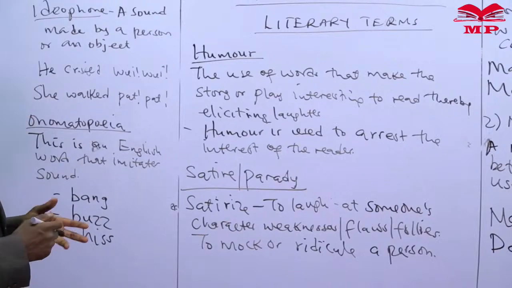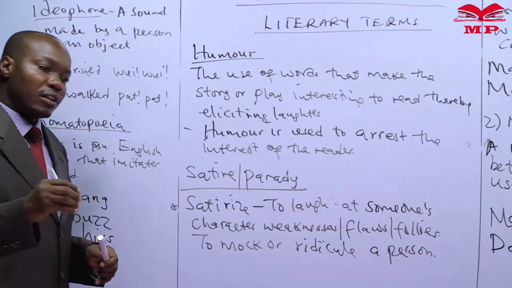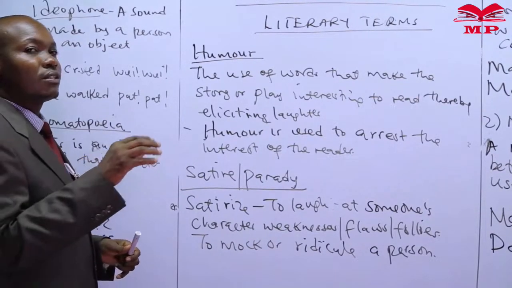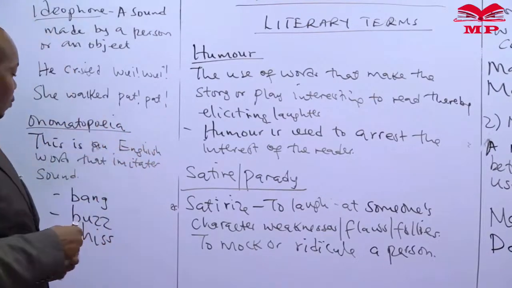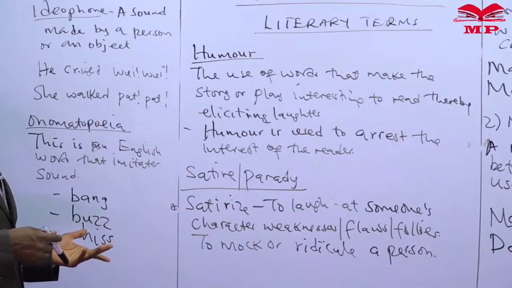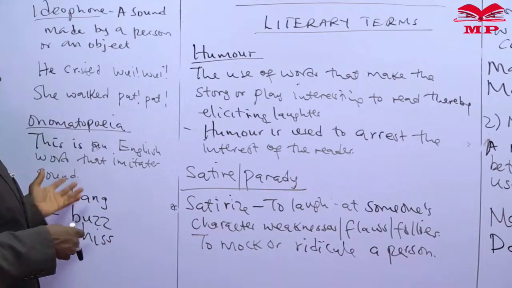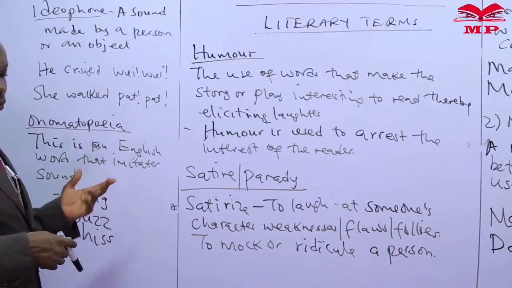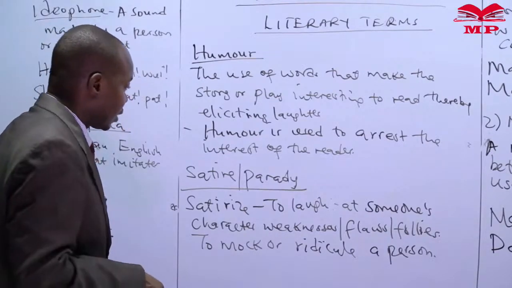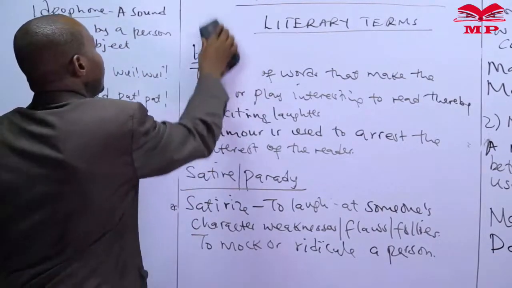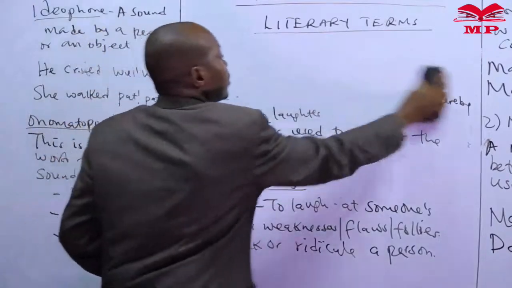When a snake moves, it makes this sound, and that sound and the word are almost the same. So we say these words are onomatopoeic or onomatopoeia. We can look at a few more terms.